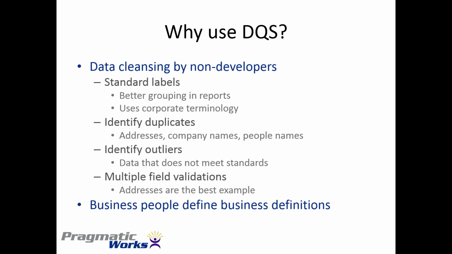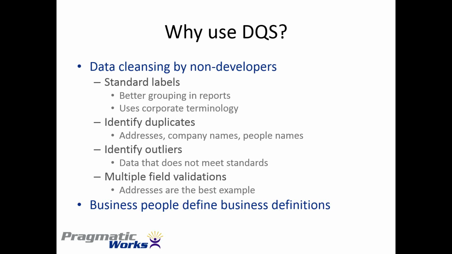I'm pretty positive we don't have any people in the company that are 150 years old, so I can define a business rule that says if I have a birth date that's older than 1900, that's probably an outlier. Somebody's made a mistake and I don't want to bring that data into my analysis because it's going to screw up my analysis. So I either want to fix it, I want to patch it, or I want to redirect that to have someone look at that data. That's one of the nice things that we can do in DQS.